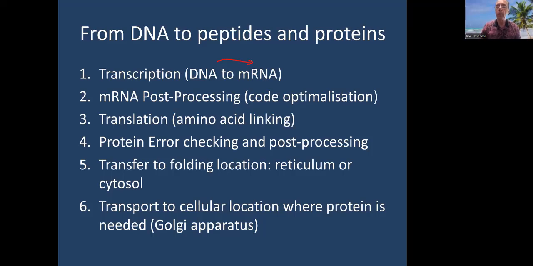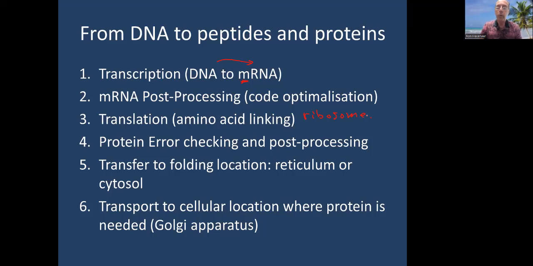DNA is deoxyribonucleic acid, but RNA is ribonucleic acid. The M says that it is messenger RNA, and that messenger RNA is post-processed to optimize the code, and then it is translated by the ribosomes into an amino acid chain.